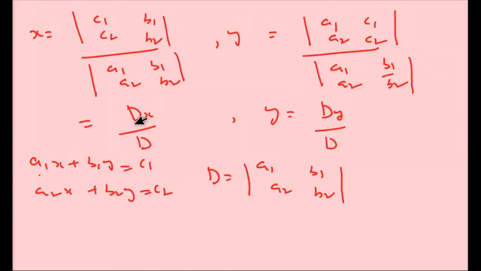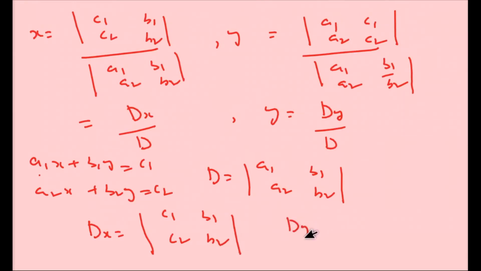And what is Dx? When we replace the x coefficients with the constants, we find Dx with c1, c2, b1, b2.